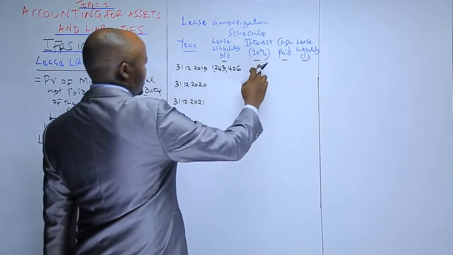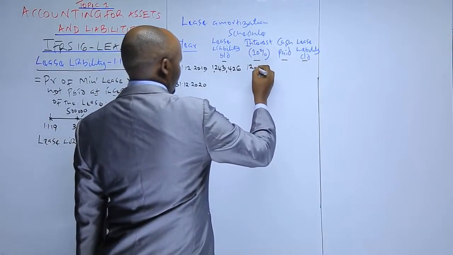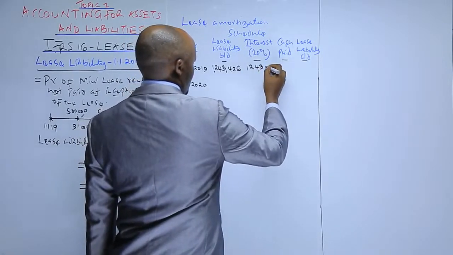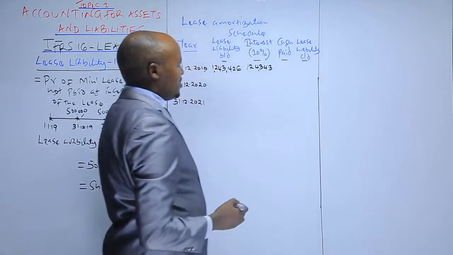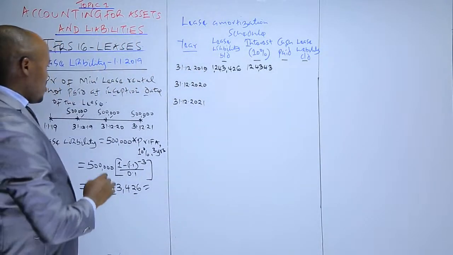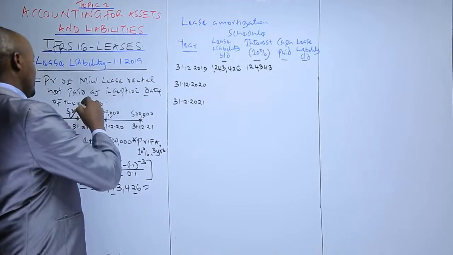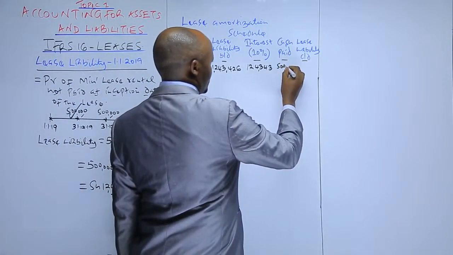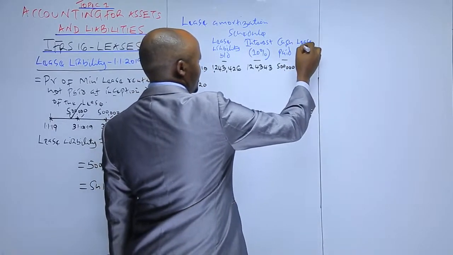Then we compute the interest, which will be 10% of this, 124,343. And at the end of year one, the rent which was paid was 500,000.